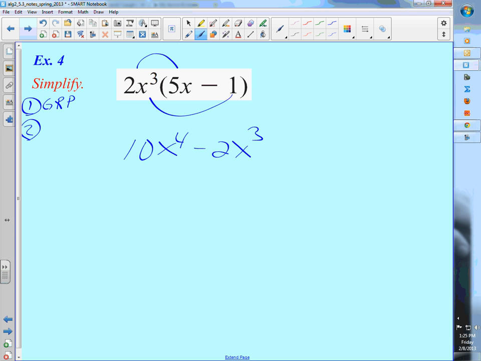Combine like terms, very good. We don't have to do it there because there's no like terms. But that's what the direction simplify means. Get rid of all your parentheses, combine all your like terms.